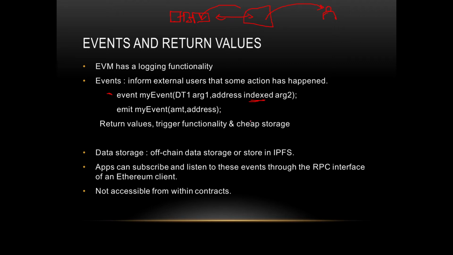But how to emit the event, how to tell that something has happened? In the function body, you will put an emit statement which will emit this event and tell the outside application that something has taken place. Events are mostly used like return values from a transaction.